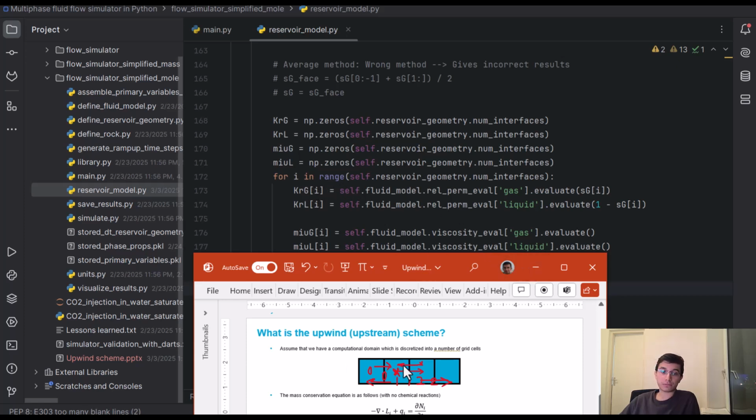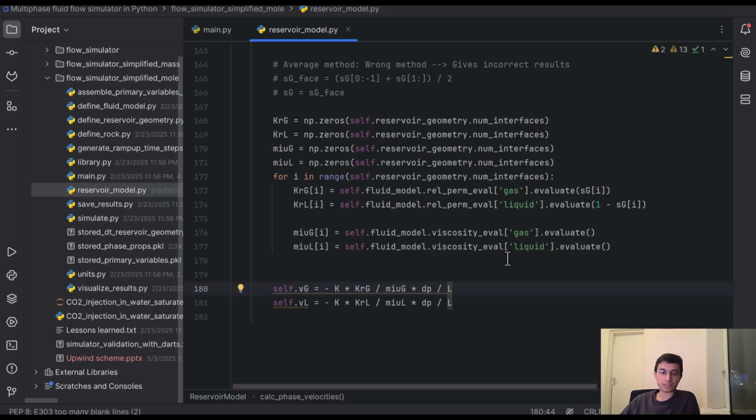So if fluid flows in the opposite direction, this part is going to fail. All right, so you should be careful with that. All right, this was, I think, the entire thing I was going to talk about.